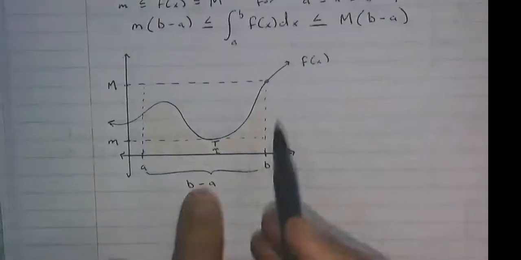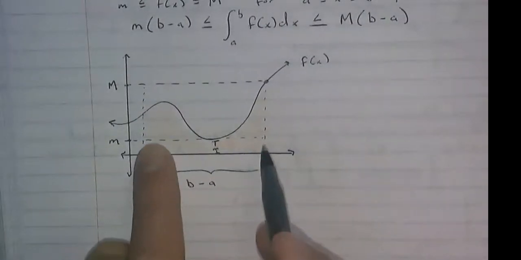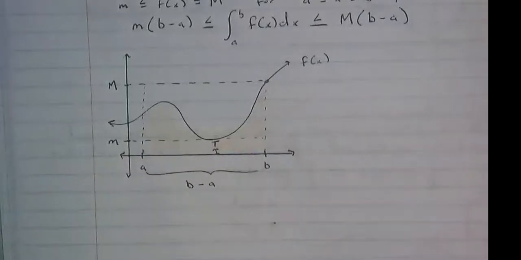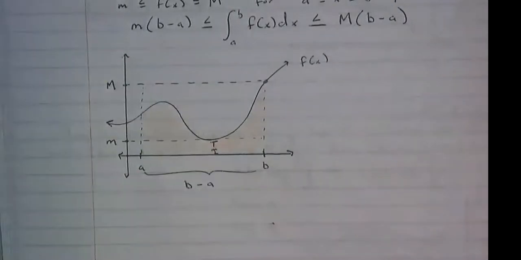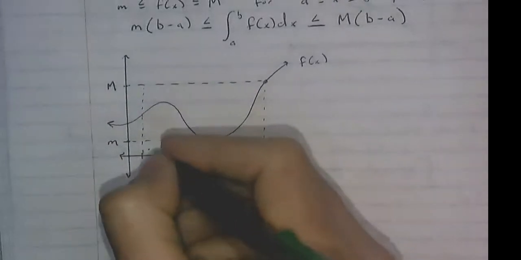So this rectangle has a base of b minus a and a height of m. And so all we need to see is that, yeah, this rectangle here, which I'll use, maybe I'll just polka dot it.